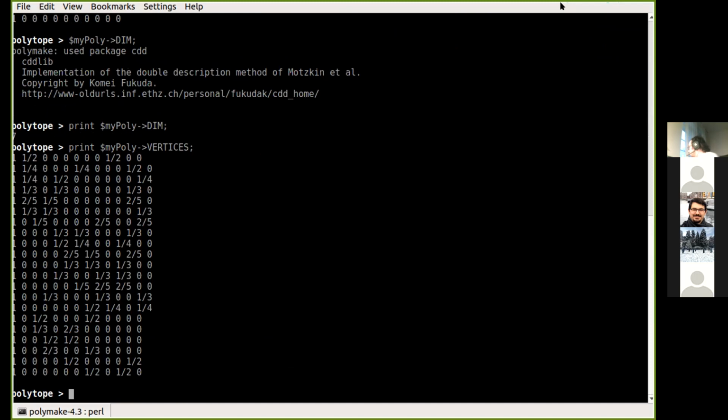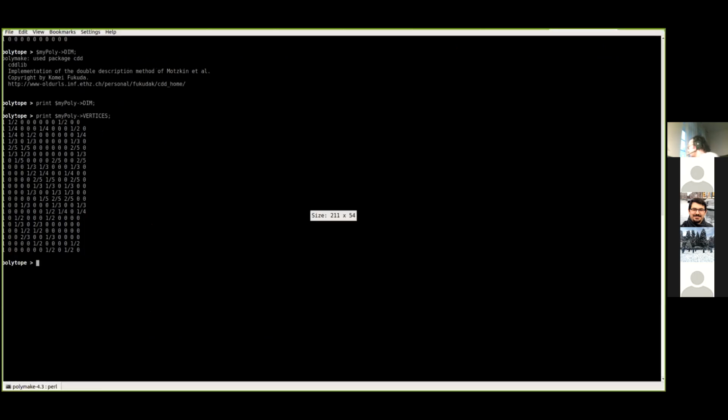How to read the vertices in polymake is that the 1 in there is because of the homogeneous coordinates. But essentially, when you look over here, this tells you that the first and the 8th entries, when they are 1/2, this is a vertex of this polytope.